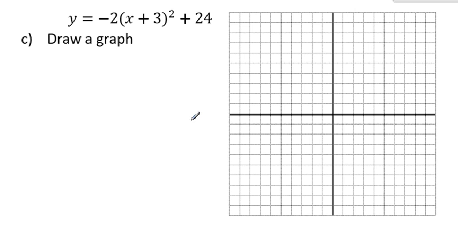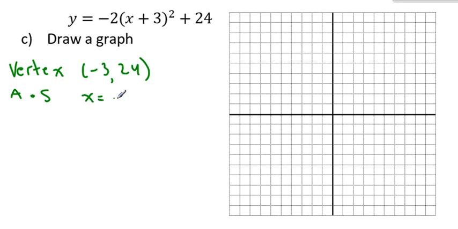And then finally, we need to draw the graph. Here are some good things that I know I'm probably going to use to put on my graph. We found that the vertex was (-3, 24). The axis of symmetry, we know where that is: the AOS is at x equals -3. We have the y-intercept at (0, 6).